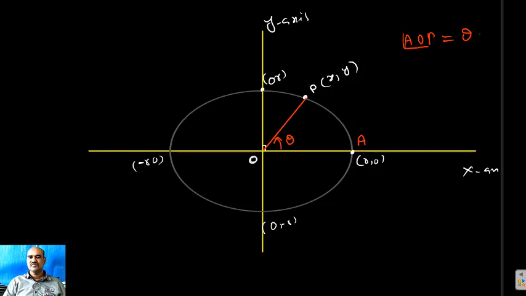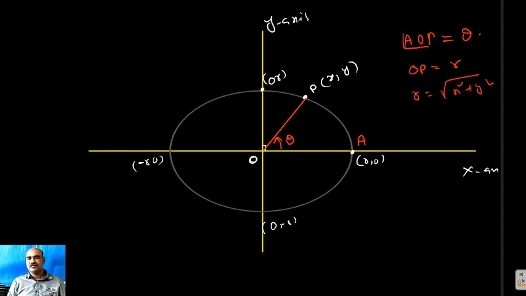Students, listen. Let the length OP equal r, small r, the radius of the circle, or in other words r is nothing but the square root of x square plus y square, the distance from the origin to that point.